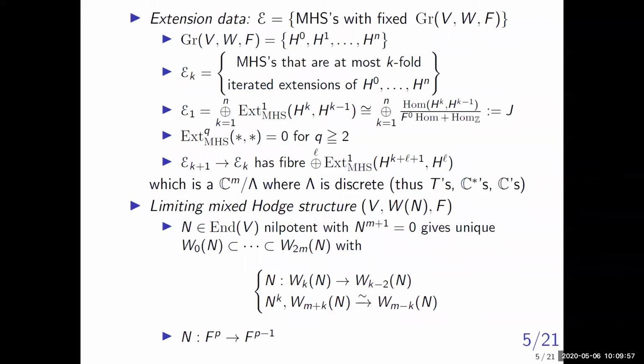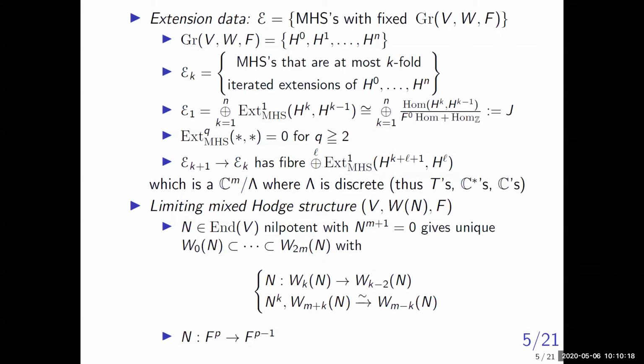And you'll notice the X1 for E_{k+1} over E_k, the gap in the X1 is k. So it's the extensions between 2 Hodge structures with a mixed Hodge structure in the middle, where the difference in the weights at the 2 ends is k.